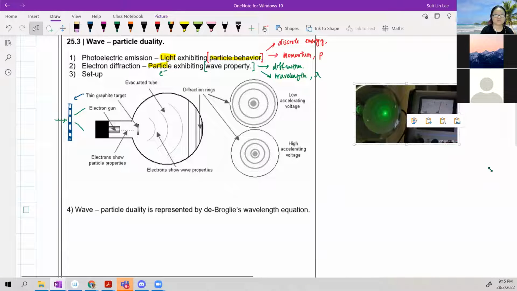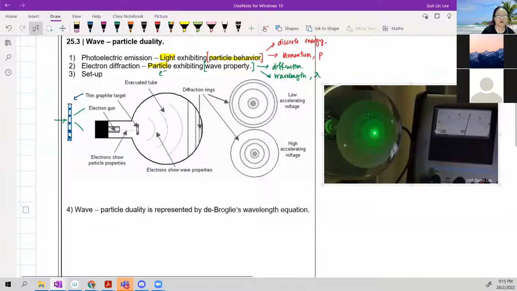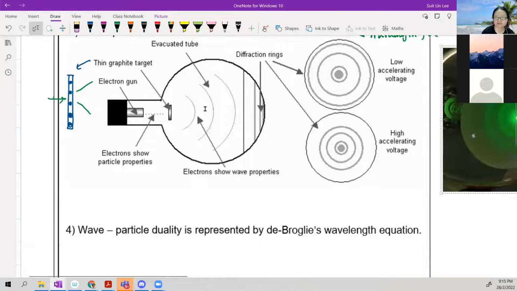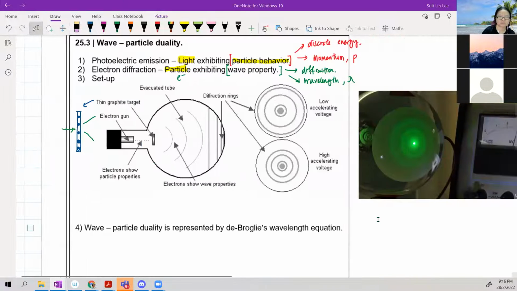We will see concentric rings because we're passing electrons through a graphite target, and instead of bright and dark lines, because the graphite target is 3D, it's going to form bright and dark rings. Another close-up of this would be something like this.